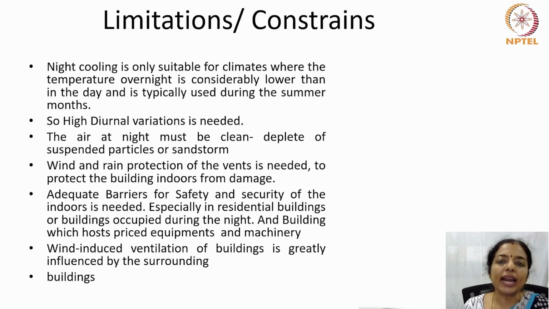Now let us look at the limitations and constraints. Night cooling is only suitable for climates where the temperature overnight is considerably lower than in the day. It is typically used during summer months.